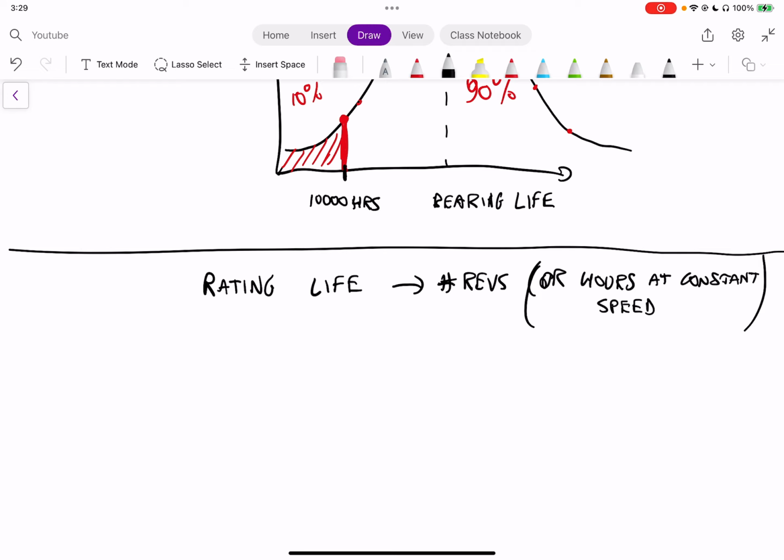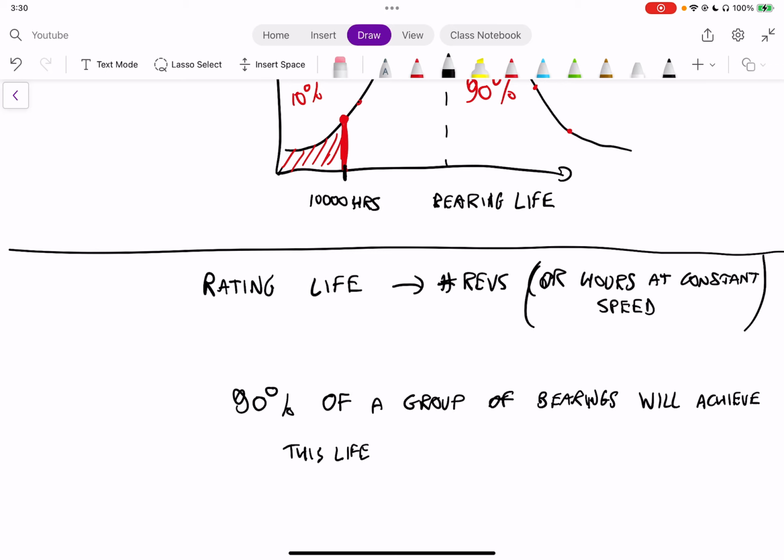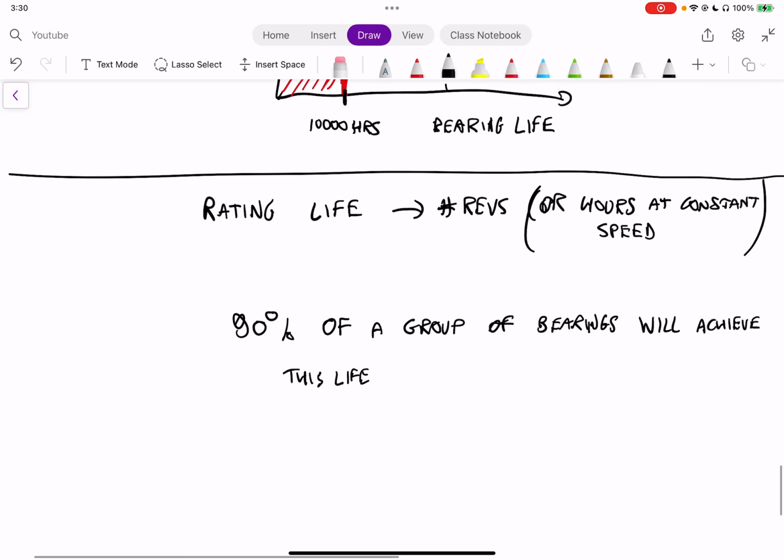We can say that 90% of a group of bearings will achieve this life. And this is also called the minimum life.